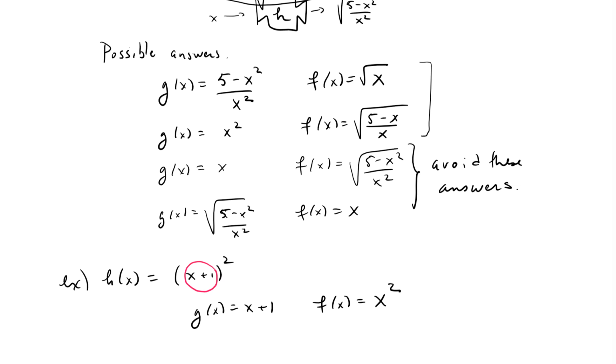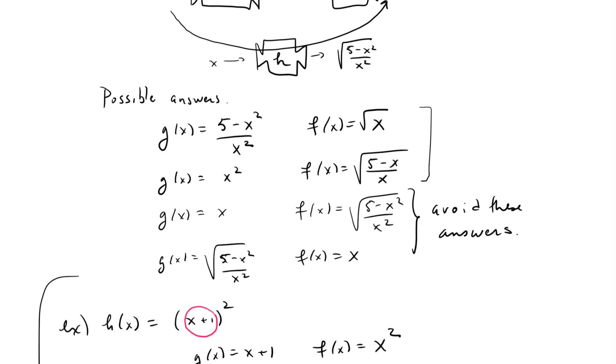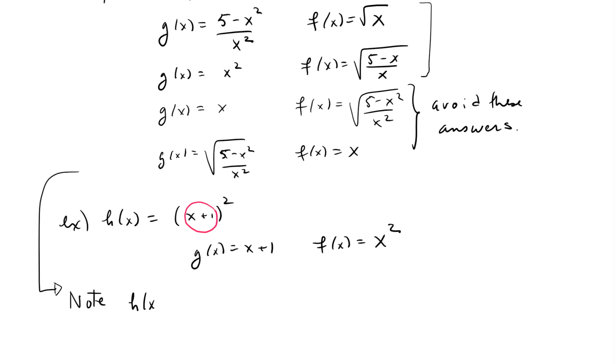And maybe, if I look back at my first example, here's a note for that first example: you could actually decompose a function into more than two functions, maybe three. If I go back to h of x, which is the square root of (5 minus x squared) over x squared, I can decompose it into three functions.